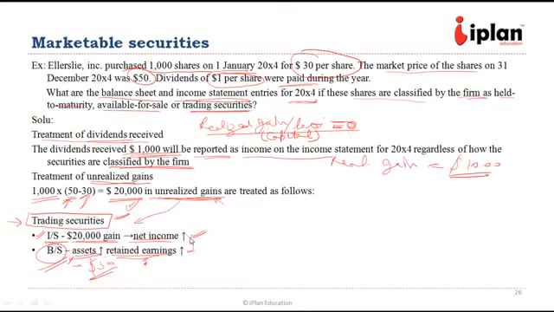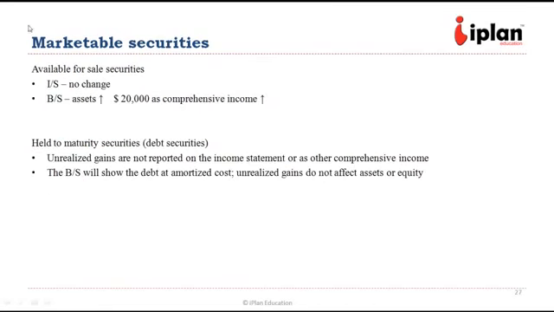Now let us look at the case where we are assuming that these securities are available for sale. In that case, for available for sale securities, the income statement treatment is going to be the same as held to maturity.